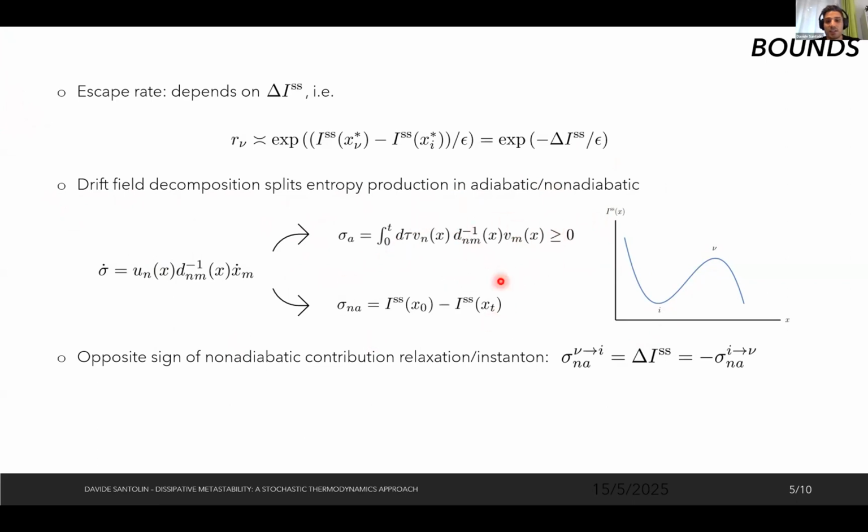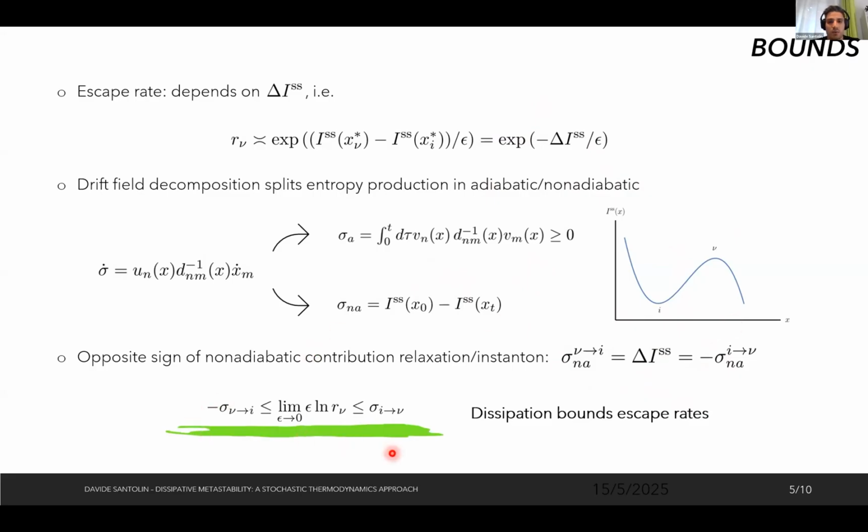While the non-adiabatic term will be actually the quasi-potential barrier, but changing sign depending on which trajectory we are considering. And so putting these things together, we can relate it with the expression by Freidlin and Wentzell and build this chain of inequalities in which the logarithm of the transition rate in this weak noise limit is controlled from above by the dissipation along the instanton and from below by minus the dissipation along the relaxation.